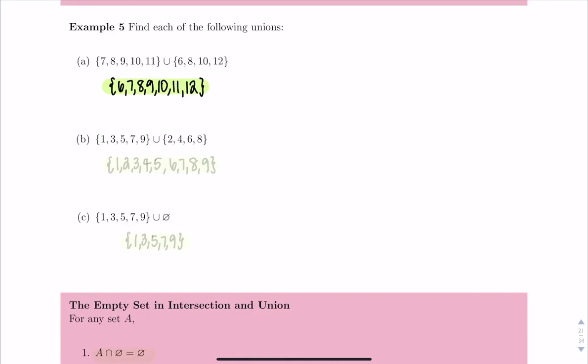The next one we have is {1, 3, 5, 7, 9} union {2, 4, 6, 8}. So we just write everything that is present in our problem. That would be the numbers 1 through 9: 1, 2, 3, 4, 5, 6, 7, 8, and 9.